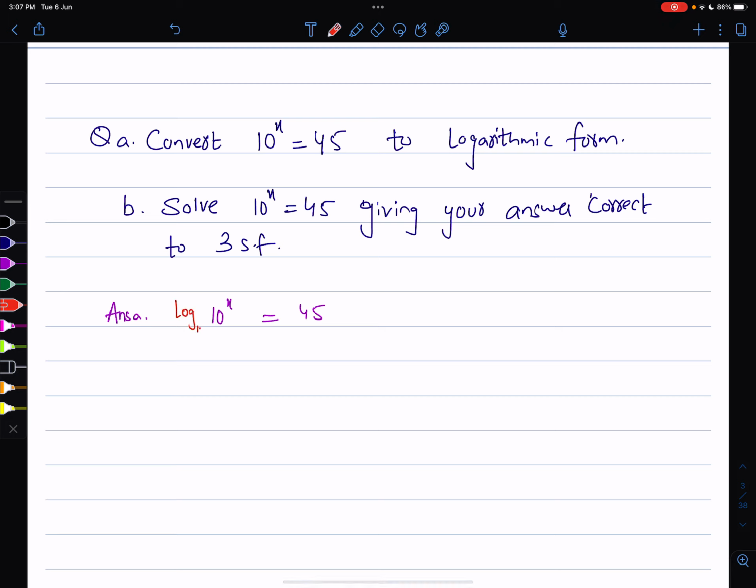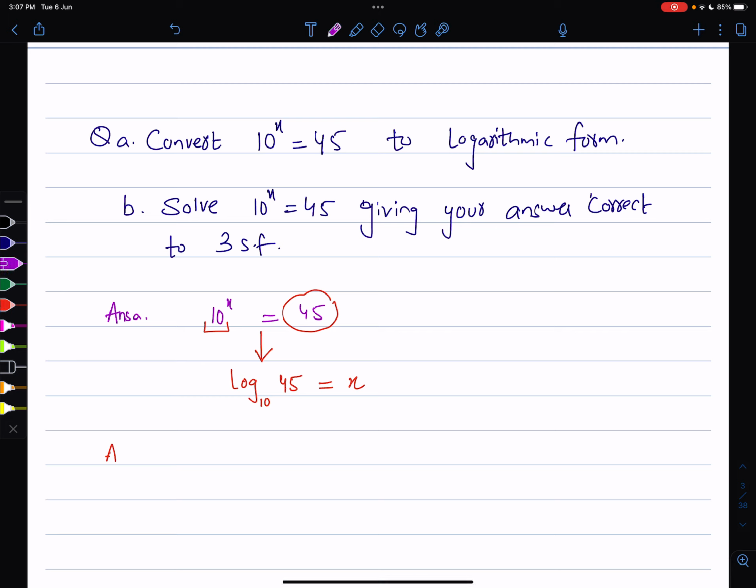So log to the base 10. What we can do is convert this into the log form directly by taking log, the base is 10, so log to the base 10 of 45 will be equal to the power, that is x.